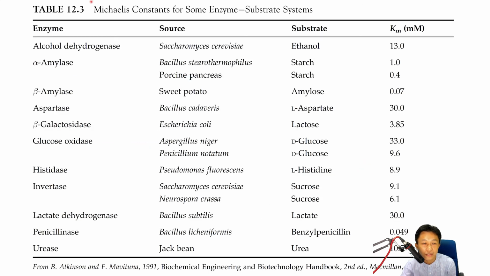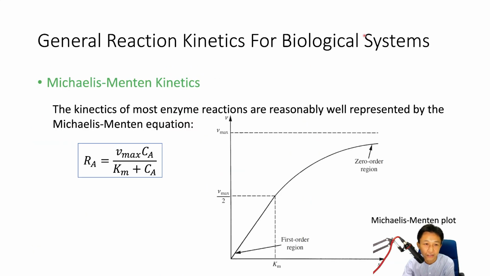And different enzymes, different sources, different substrates have different Km. So it's summarized on this one. So if you have alpha amylase, alpha amylase, sweet potato substrate, so a different kind of Km, which is the constant of this one.